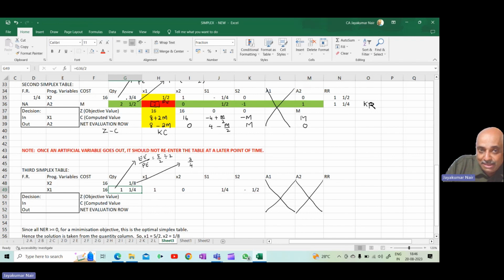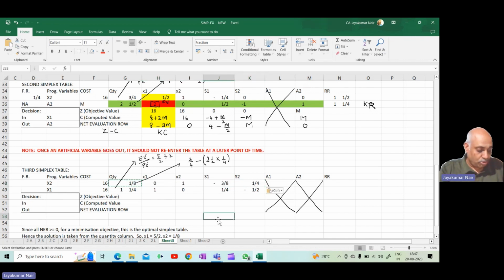What you have in the previous table, from this you need to minus the key row element. What is the key row element? It is 1 by 2, into the fixed ratio, which is 1 by 4. So this is how you get the values. I have to calculate for all the other values for the other table.